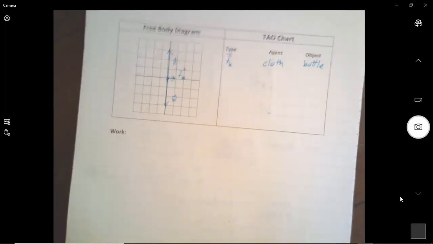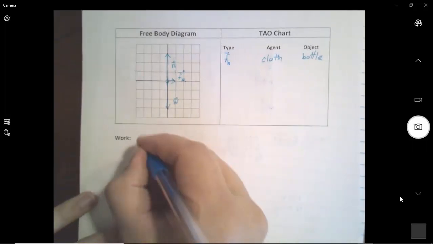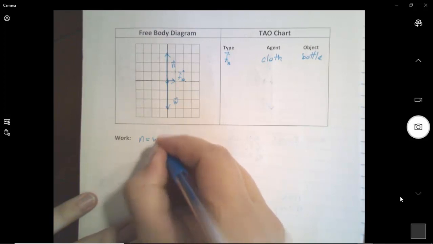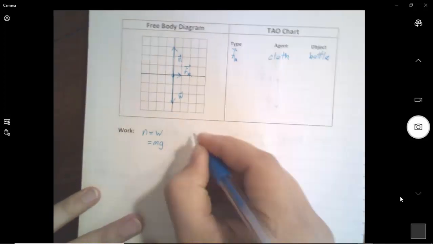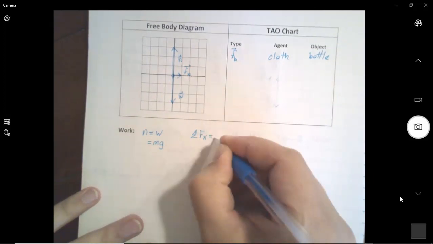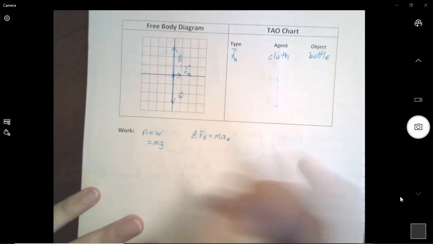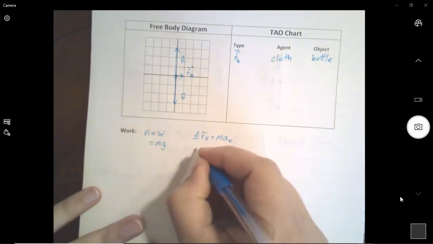Many of the equations are going to look very similar. We still have normal force is equal to the weight is equal to mg. We're still going to have Newton's second law in the x direction. There's still only one force pointing to the right.